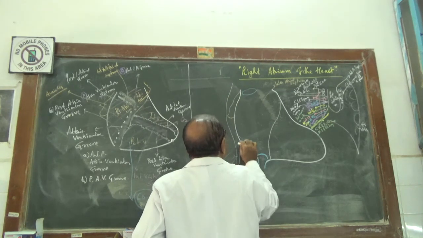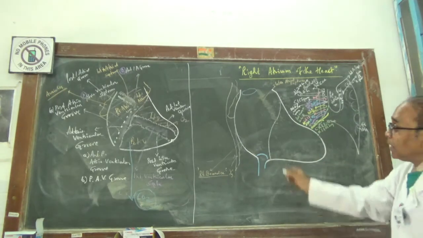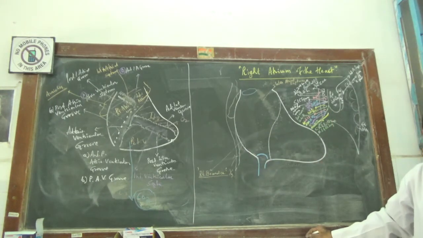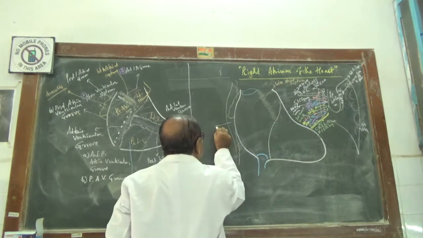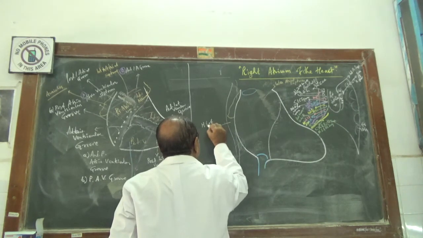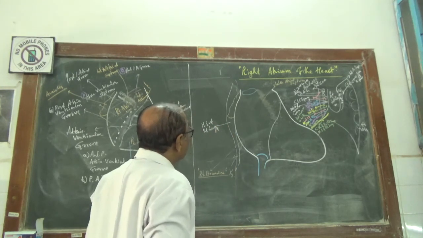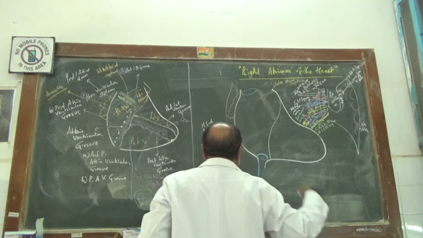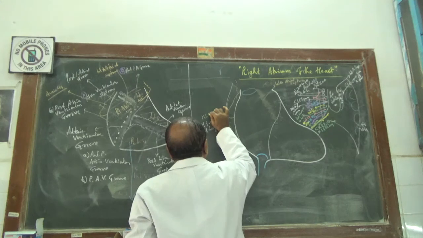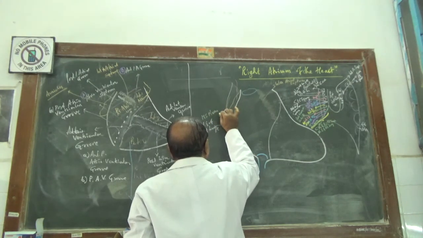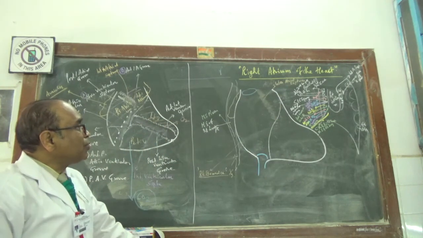Right laterally, the right atrium is related to the mediastinal surface of the right lung, mediastinal pleura, which is separated from the pericardium that covers the right atrium.